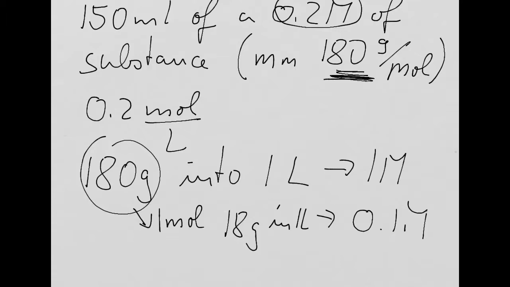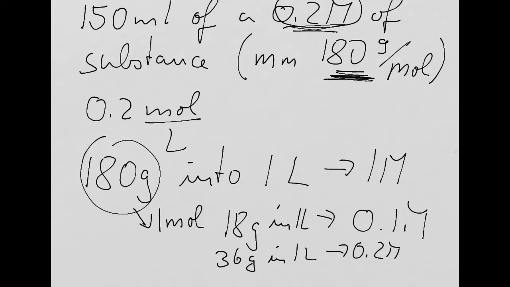How much would I have to use? I would have to use 36 grams in 1 liter. That gives me a 0.2 molar solution. So I already have the right concentration. I take my 36 grams, put them into 1 liter, and it has the right concentration.